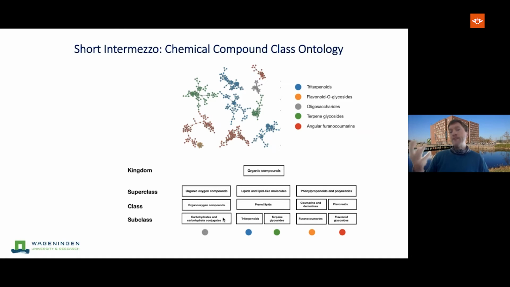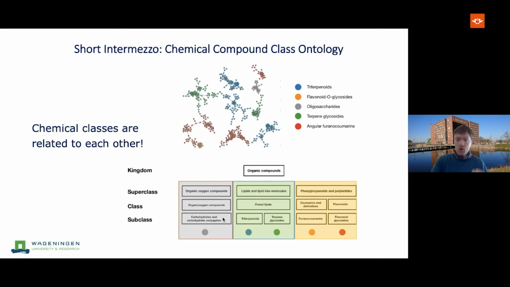So, ways to automatically categorize molecules based on their structures in a computational way, and these ontologies are organized in a hierarchical manner, akin to the tree of life, with the kingdom, superclass, class, and subclass. What is important to notice is that these chemical classes are also related to each other. So you can see how you go from lipids and lipid-like molecules all the way down to the level of triterpenoids or terpene glycosides. Okay, so that is something good to keep in your mind.